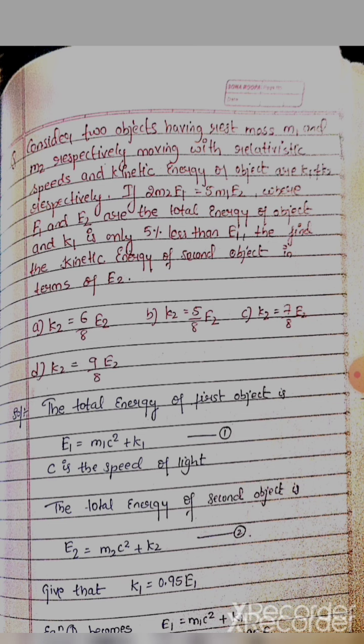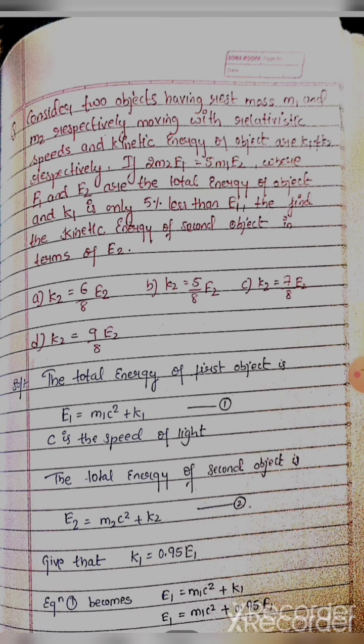If 2m2 E1 is equal to 5m1 E2, where E1 and E2 are the total energies of the objects, and K1 is only 5% less than E1, then we have to find the kinetic energy of the second object in terms of E2. Seeing the question, you may think that it is so complicated, so much data is given. In that you have to select the data and use that data to solve your answer. Let us solve this question in a very simple way, step by step.